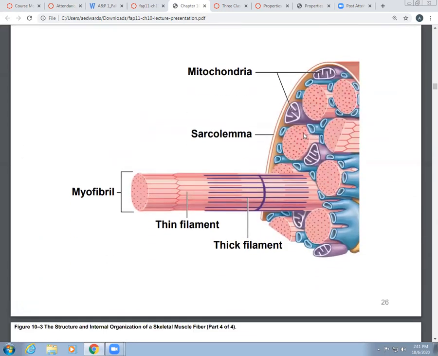Okay, a little greater detail, you can see again, myofibril, thin filament, thick filament, your actin, myosin, mitochondria, cell membrane, sarcolemma. So your muscle fiber is composed of myofibrils. And your myofibrils are composed of myofilaments.